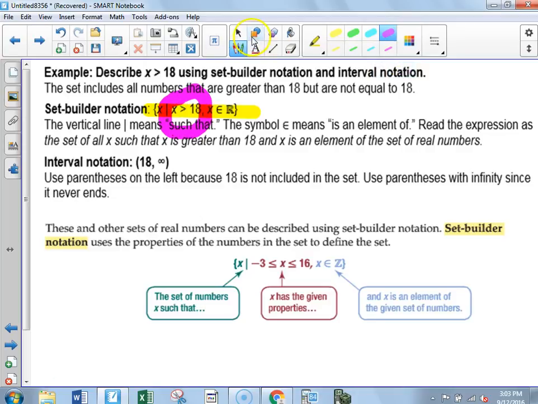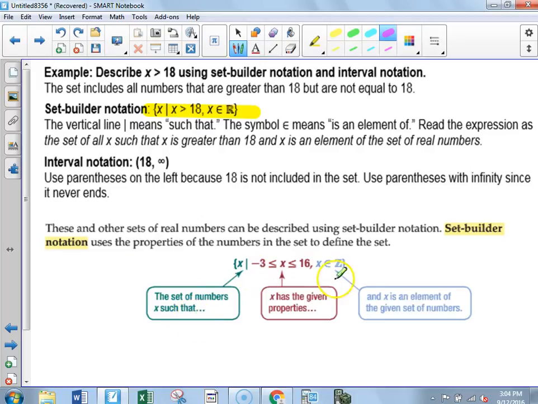The rest of it doesn't mean anything. I mean, I guess it could if it said that it wasn't a real number, like where x is a set of the integers only or something, then you'd have to think about it a little bit. Interval notation is what we're going to stick with, okay? This just means 18 and greater, right? 18 to infinity. So it means the same thing. x is greater than 18. This parenthesis means that we're not including 18.